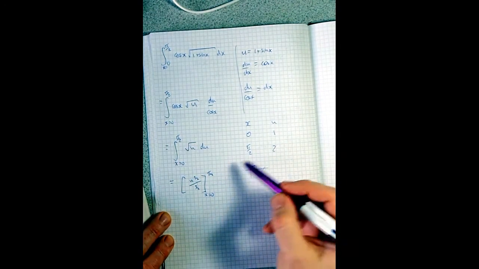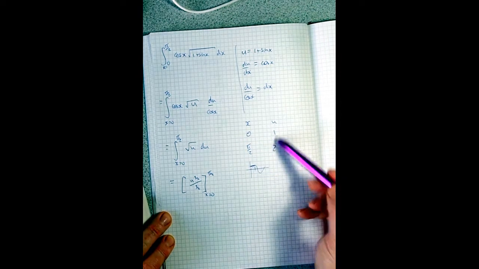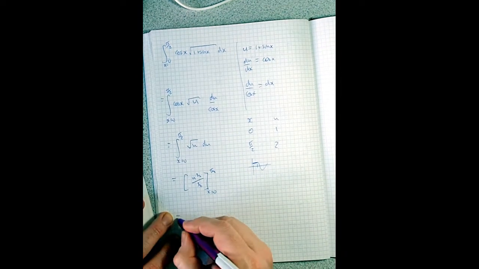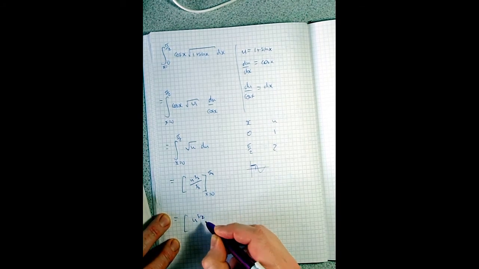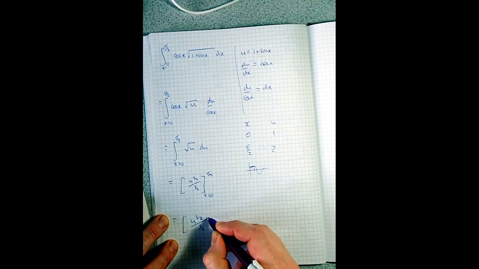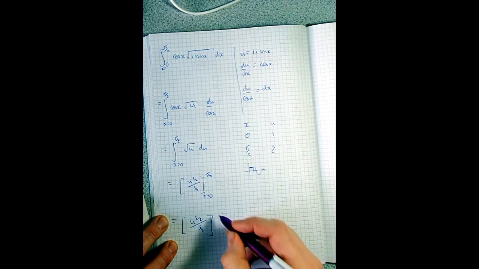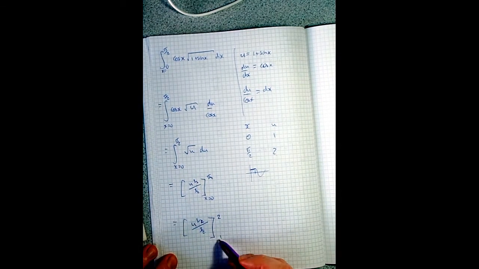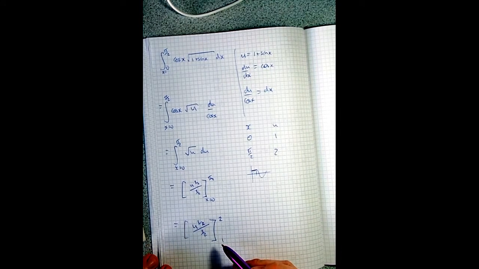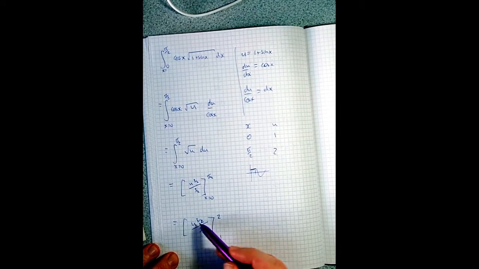I think it's easier, isn't it, to put in my u values here. So I will. U to the 3 over 2 over 3 over 2 between 2 and 1. And I don't need to write u equals here because it is u.